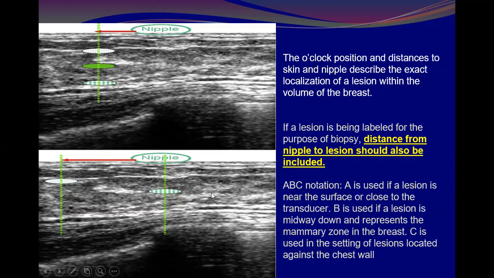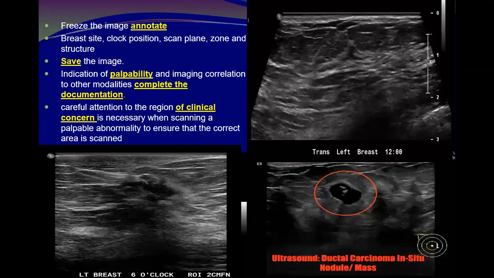And we have to annotate this in our image. So freeze the image, annotate by breast size, side, right, left, clock position, scan plane, zone, and structures.